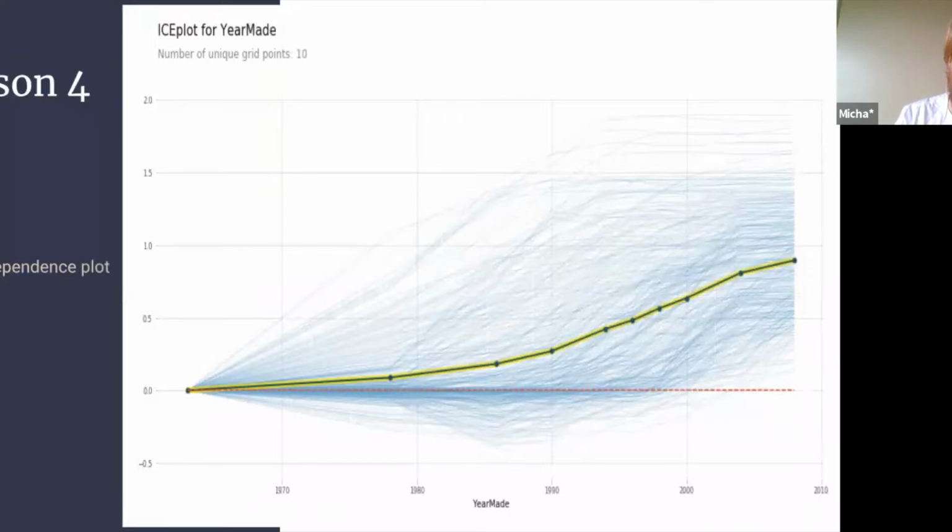And so instead of removing a column as we did, or shuffling that column as we did in the previous feature importance exercises, in this case, we fix one column to a particular year, and then we see how that would affect the price, and he does that for every year up to 2008 or something.